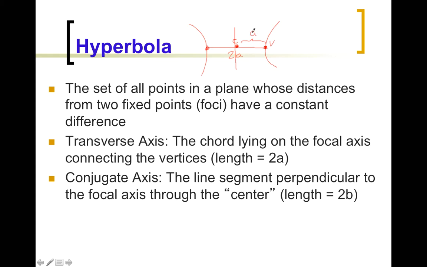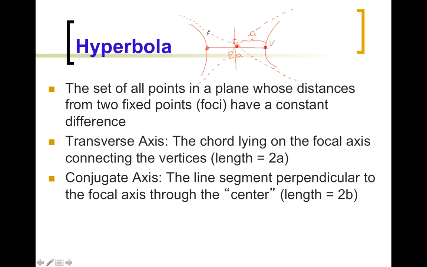But what that really helps us do is one of the ways that we graph this, actually the biggest way that we graph this, is we find our two vertices, then we find a and b, and the hyperbolas have asymptotes. And the equations of those asymptotes actually rely on what a and b are.